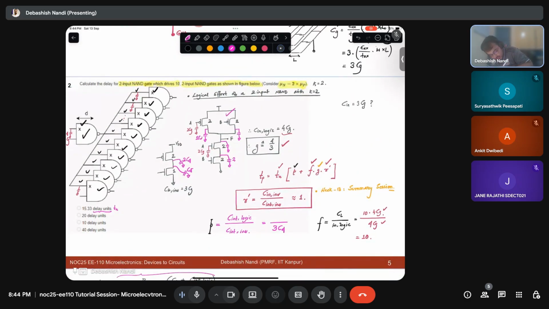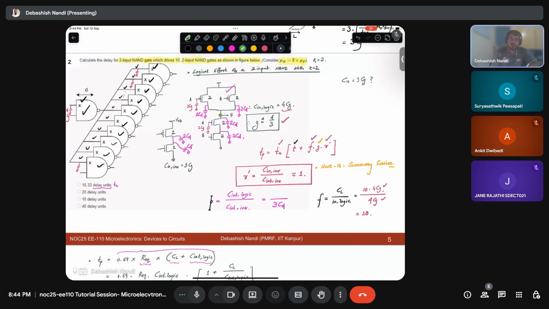This will be 2CD, this will be 2CD, this will be 2CD, this will be 2CD. Now can you tell me, looking at the output node, how many capacitances are connected? 3.